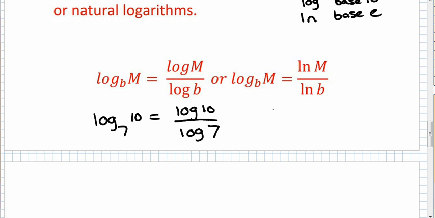Or I could do it with natural logarithms as well. I could go log base 7 of 10, that would be the ln of 10 over the ln of 7. And that'll give you a decimal for your calculator.